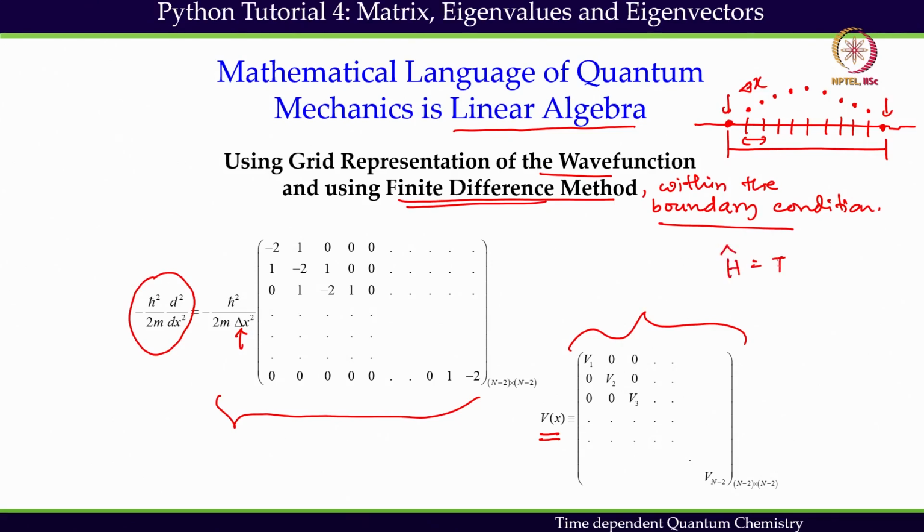The Hamiltonian is nothing but the potential part and the kinetic energy part that we have seen. If I have the Hamiltonian represented in matrix form, then we can immediately get the eigenvalues and eigenvectors from that matrix.